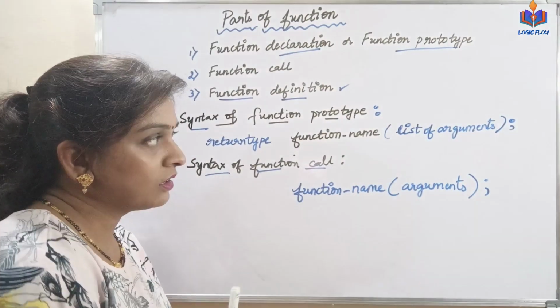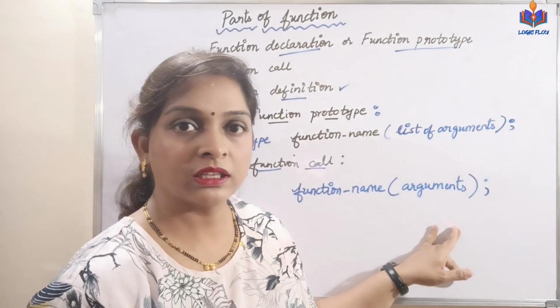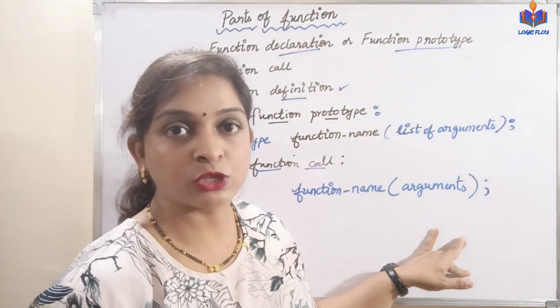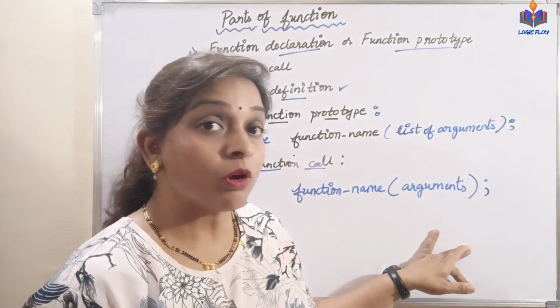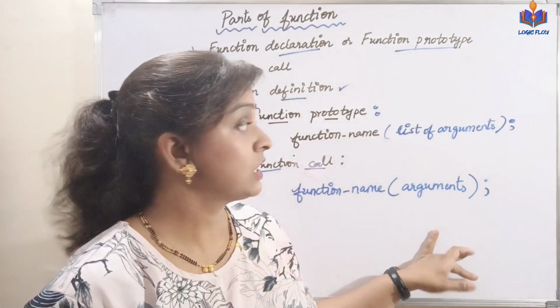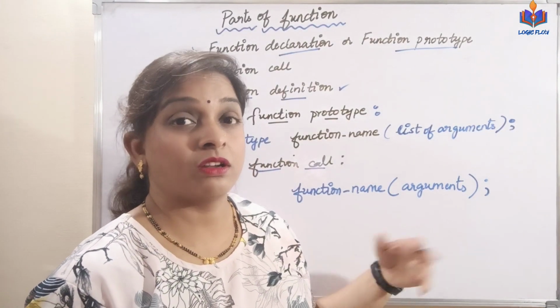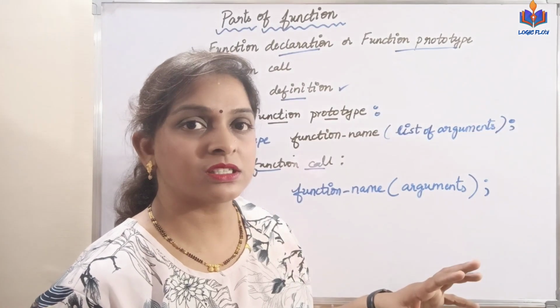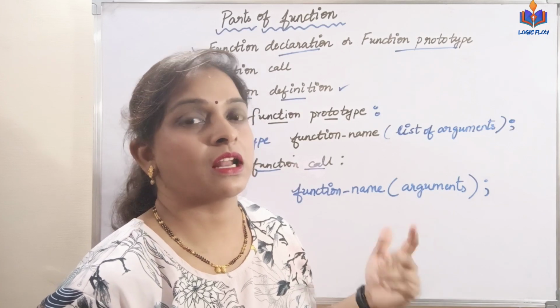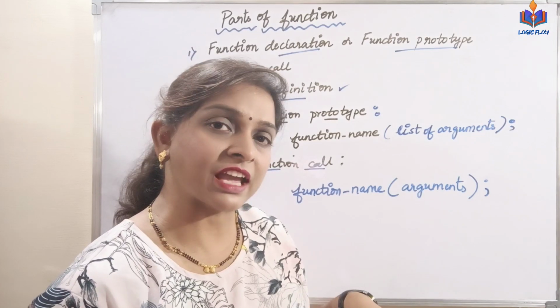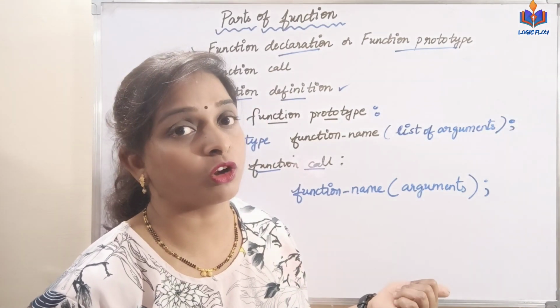When I say arguments, we have different types of arguments also. We have something called formal arguments and actual arguments. There are some differences here. There are formal arguments, there are actual arguments. Where to give the actual arguments, where to give the formal arguments?